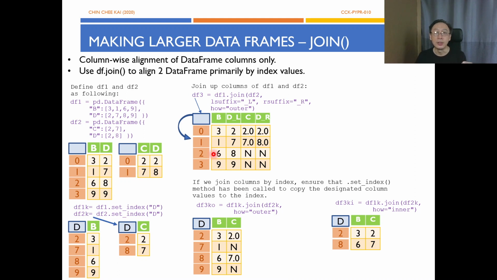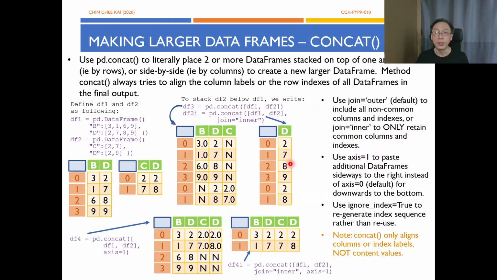So it's a column operation, but it looks at the index values. And we have a way to also make the content of a column an index, and therefore when join looks at the index, it's also indirectly looking at the column. So we'll discuss more in a while. Okay, so three functions that we need to get good with, because then we are able to assemble large data frames.